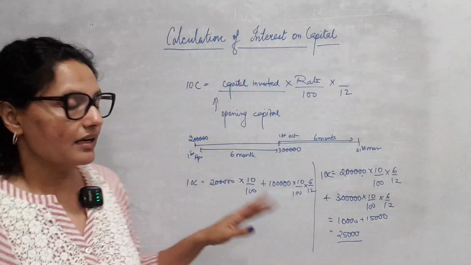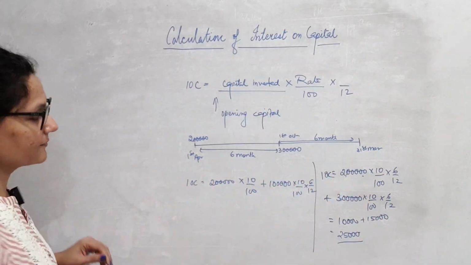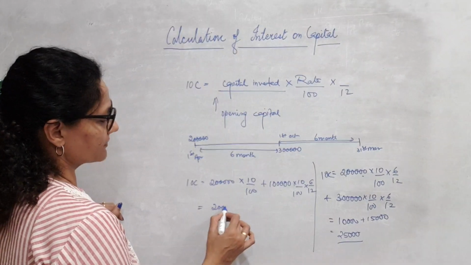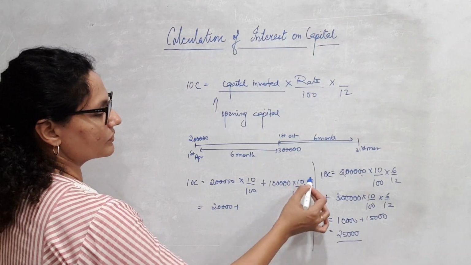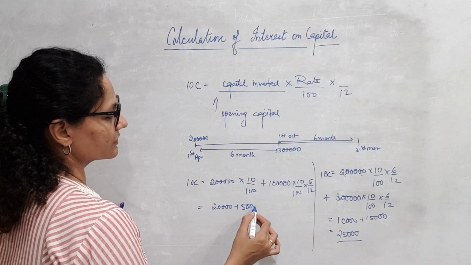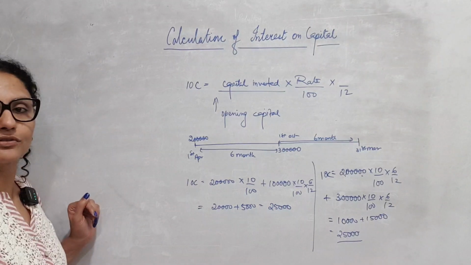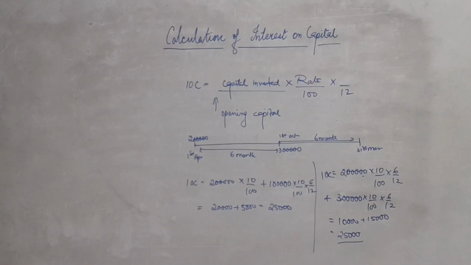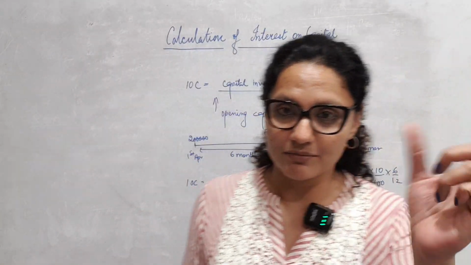But 2 lakhs was invested for the full year, so I give it 12 months interest. Very much perfectly okay. 20,000, and here 10% of 1 lakh is 10,000, half of that 5,000. You get the answer as 25,000. So whichever method you find correct, you can take a screenshot of this. This is completely for your understanding. I hope you've got the time effect here.